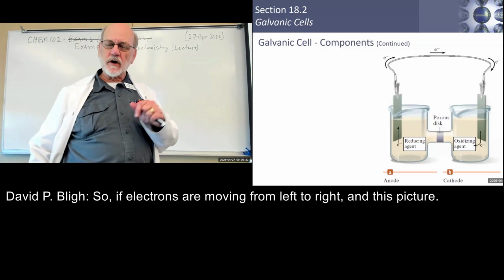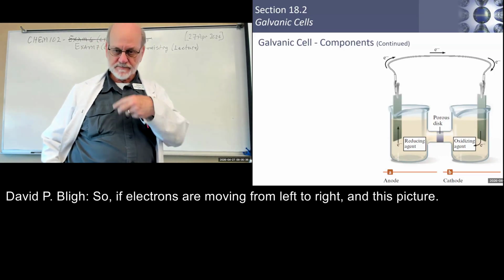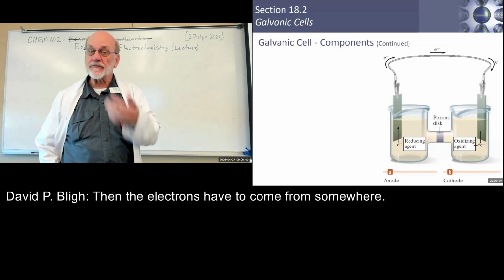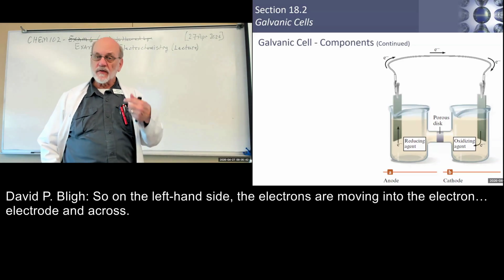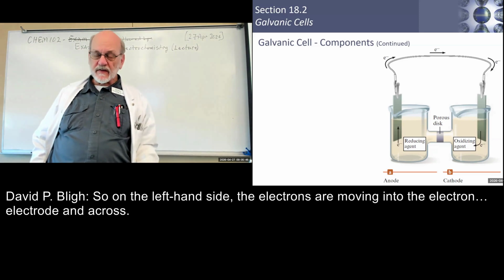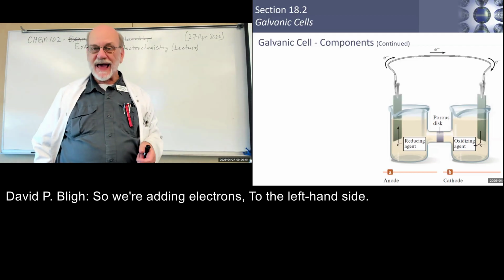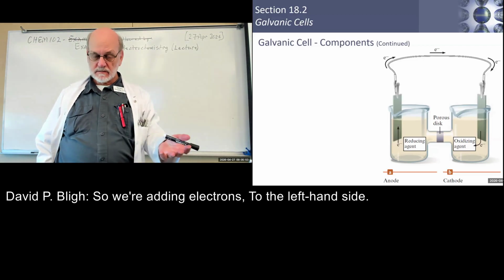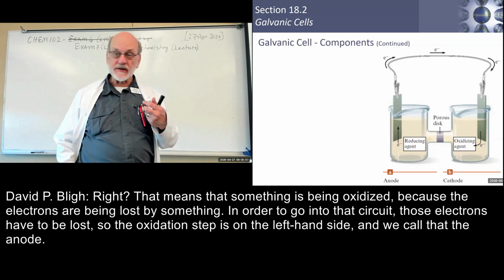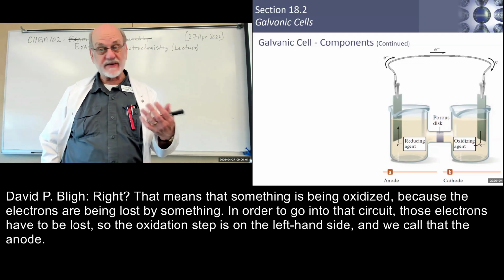So if electrons are moving from left to right in this picture, then the electrons have to come from somewhere. On the left-hand side, the electrons are moving into the electrode and across. So we're adding electrons to the left-hand side, right? That means that something is being oxidized because the electrons are being lost by something.